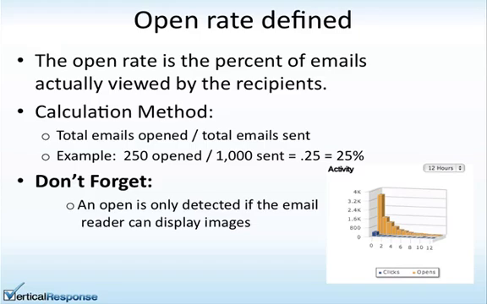As I said, we are going to talk about some numbers today. So we're going to start with the open rate. And the open rate is one of the things that people really look at a lot for their email marketing. You want to keep in mind there's a lot of things that go into getting people to open your email in the first place, and there are things that can prevent the open from being tracked.